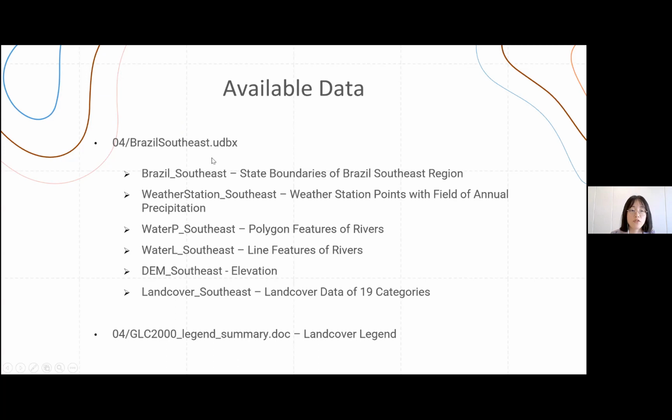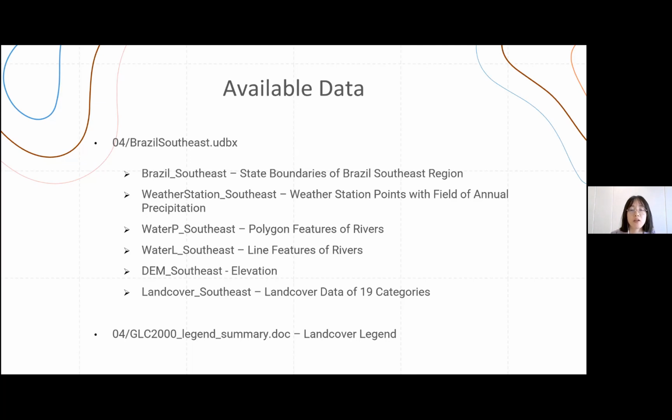So first, we have Brazil Southeast. This is the state boundary for our study area. And then we have a point data set, and that is the weather station in the study area.